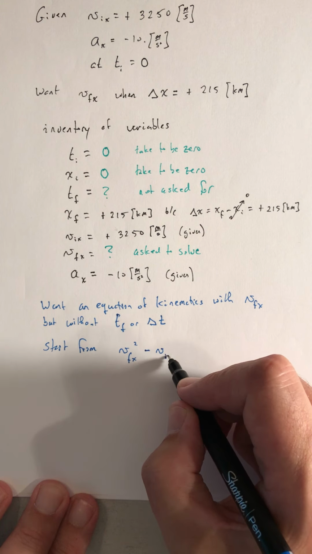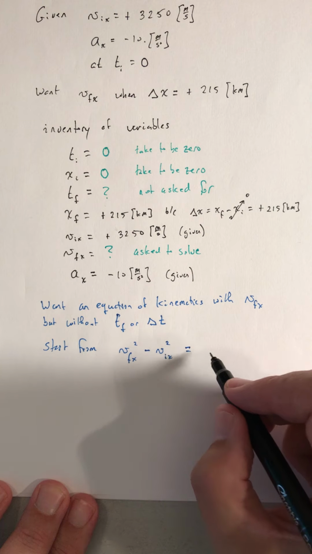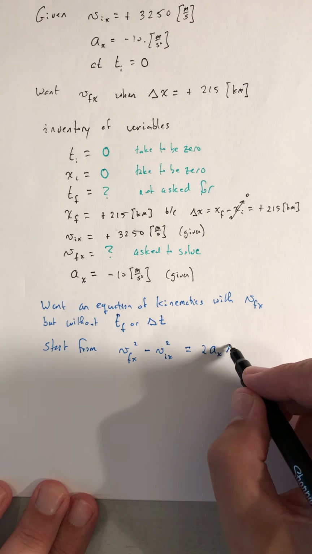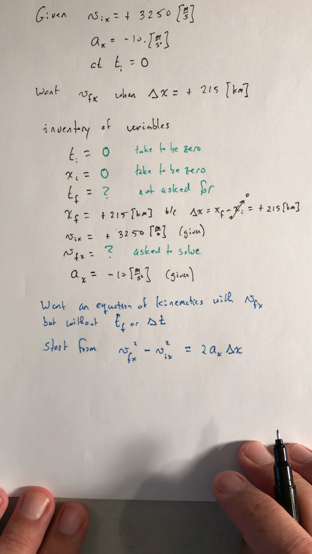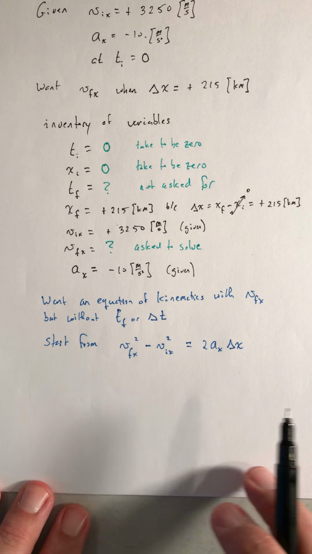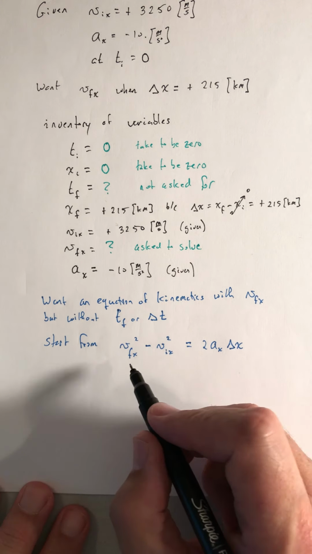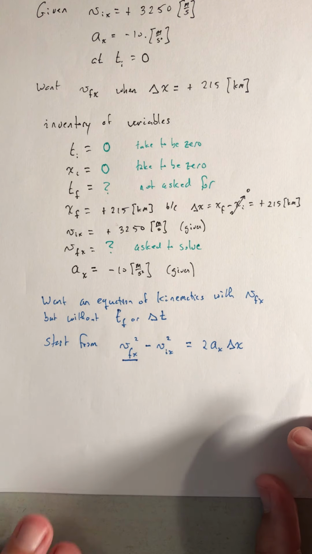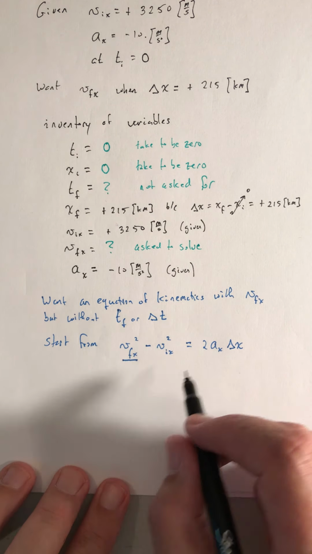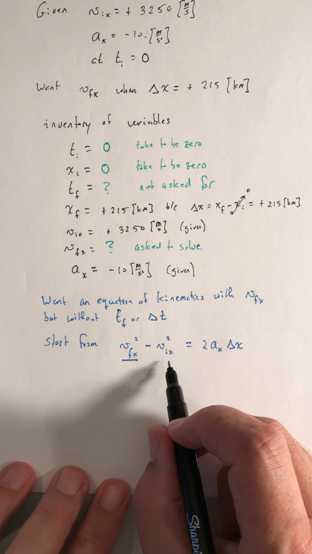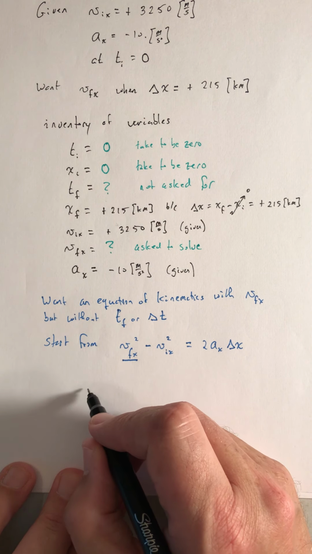So v final squared minus v initial squared is twice the acceleration times the displacement. Okay. So I'm going to take that equation and isolate the only unknown, which is v final x, so that's on one side all happy by itself. So it just means I move minus v initial squared to the right hand side.